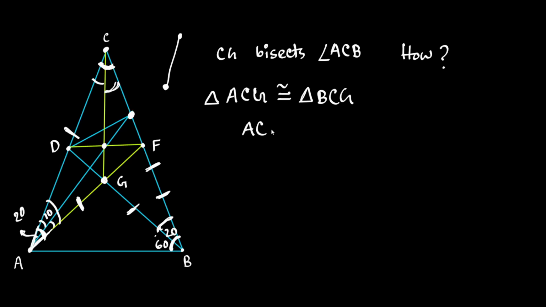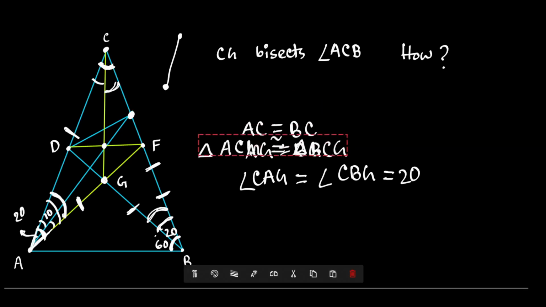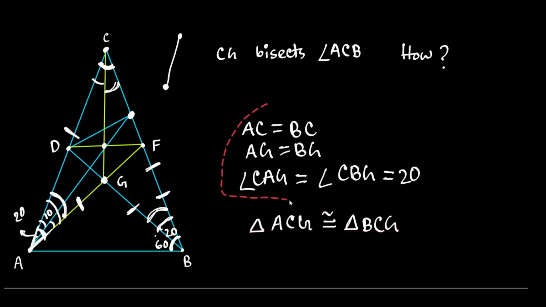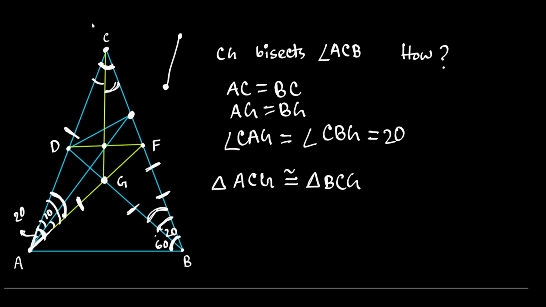Because AC equals BC, AG equals BG, and angle CAG is equal to angle CBG, which is 20. As both of them are 20, this is 20, this was 20, and this was 20. That's why this is congruent, because of all the three above, by side angle side.